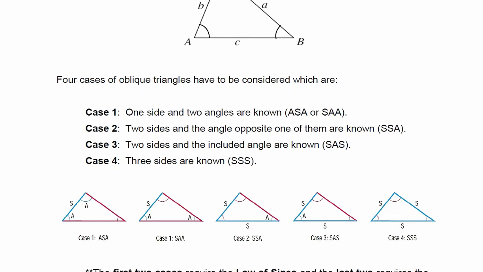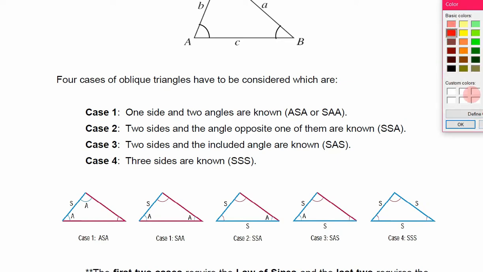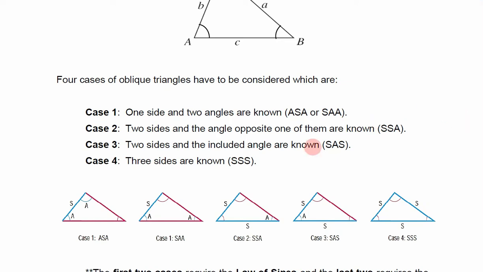The first case is when one side and two angles are known, which we call ASA or SAA. When you say ASA, it means angle, side, angle.